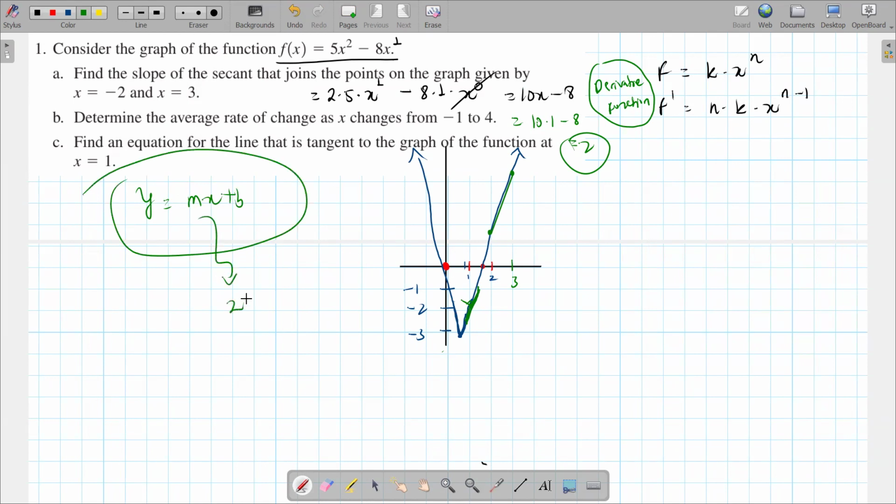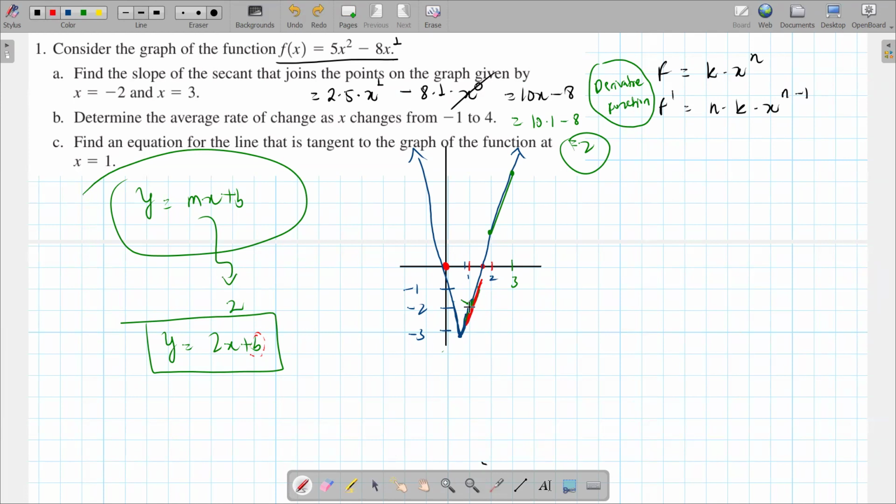We found m, it's 2. So right now we have y equals 2x plus b. Now the question is, how do you find this y-intercept? We're trying to find the y-intercept of this line that just touches the curve at x equals 1. I would not do this graphically because my graph is not perfect. Graphing a quadratic is not always going to be perfect.